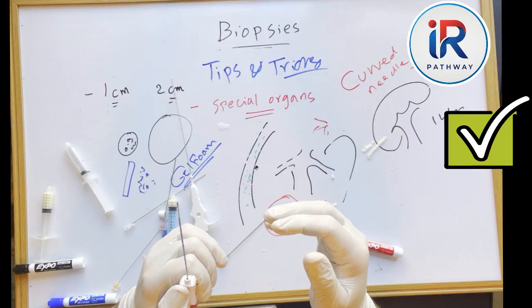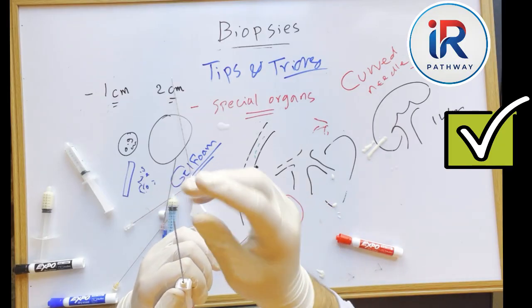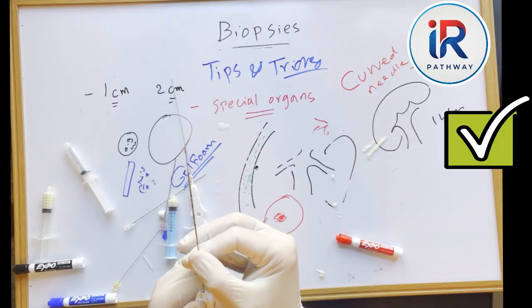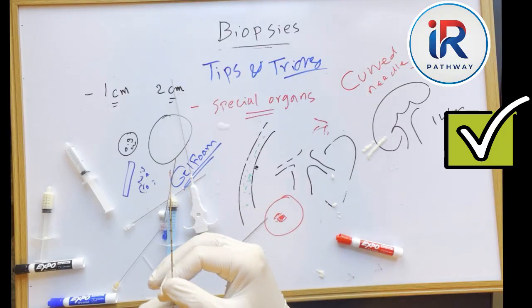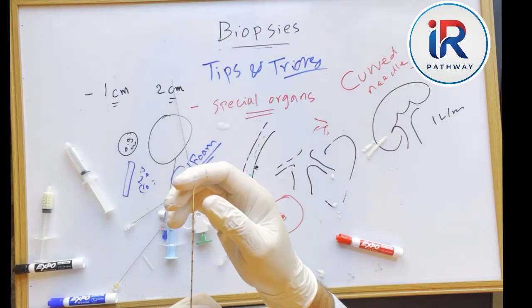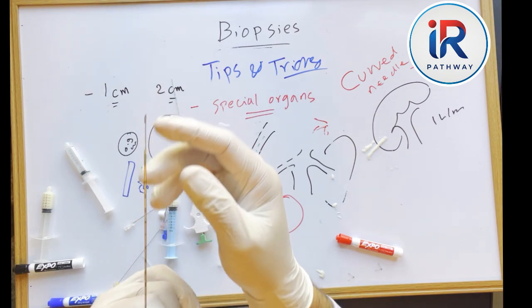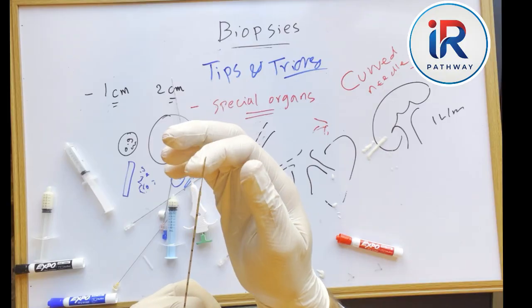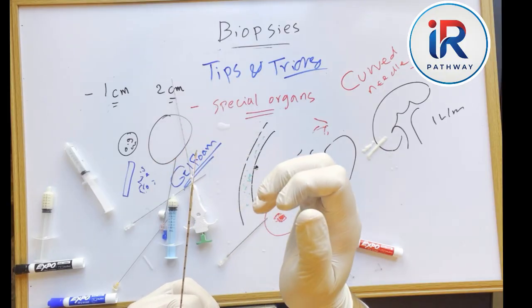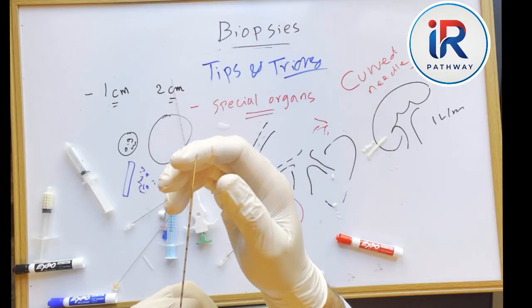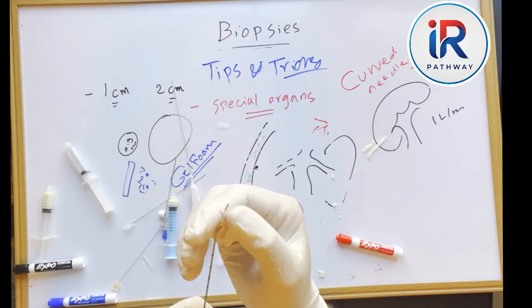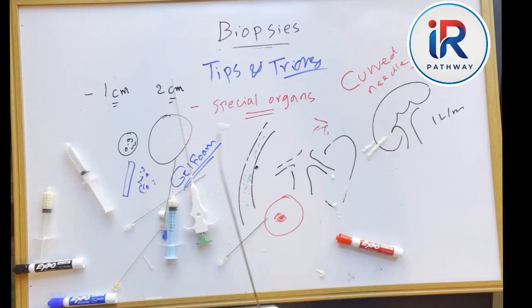We want to give this needle some direction because as long as it is straight, it will just go in a directionless way. Also, it's very important that I bend it outwards, not inwards. So the notch should always be on the convex side of the curve. So I'm bending the needle now, like you can see. I hope it's clear on camera.